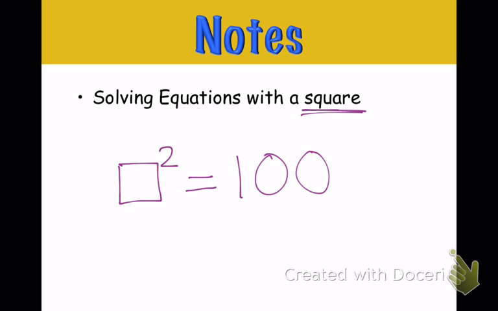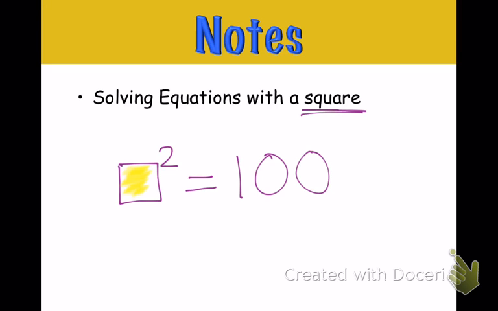I'll give you a second to think about it. This is a number that people don't generally think of automatically when they're thinking of a number squared. 10 is a common one, but think of the other side of the number line across the 0, in the negative direction. So your hint is it's a negative number.